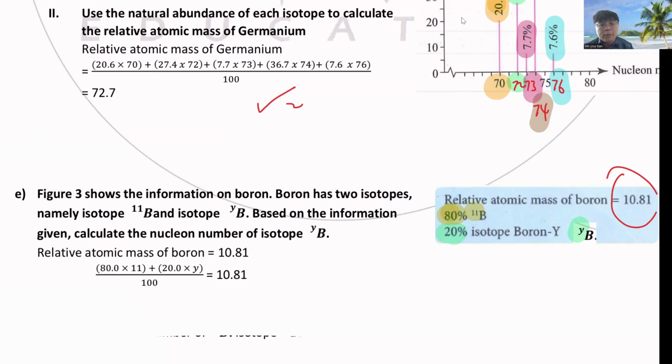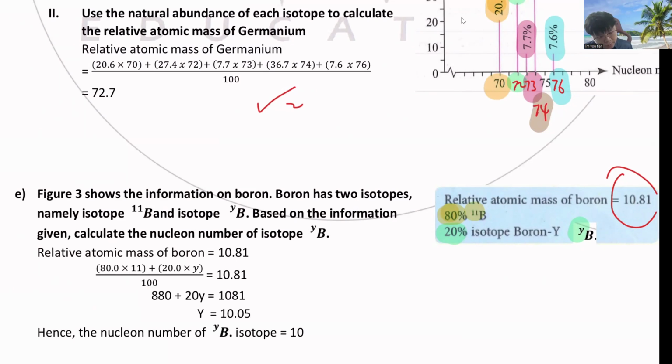This is another type of question. For this one, they give you the question directly, you calculate, divide by 100, you get the actual answer. Now, for this one, they give you the final answer, 10.81, and then 80% has mass 11, 20% has mass Y. I need you to find out the Y. Okay, so you multiply, bring this one over here, you get Y equals 10.05.